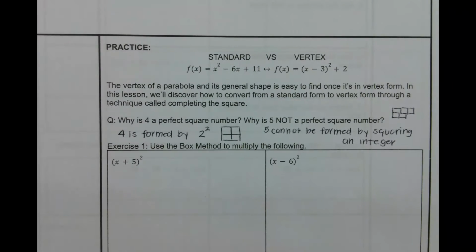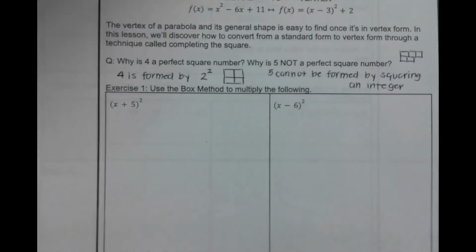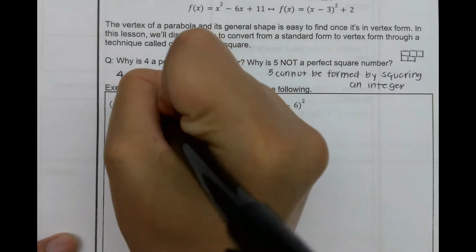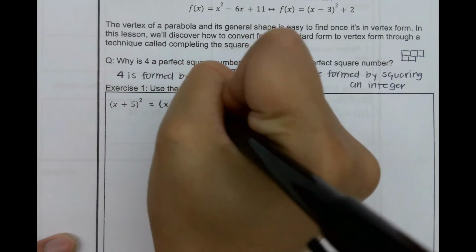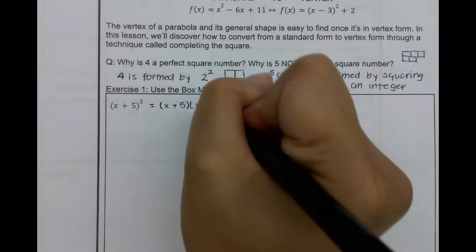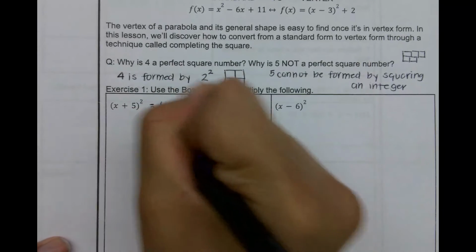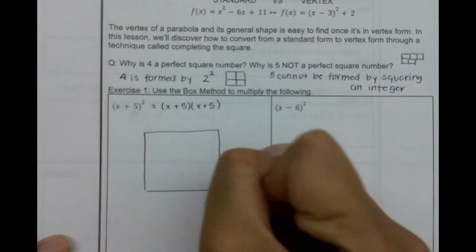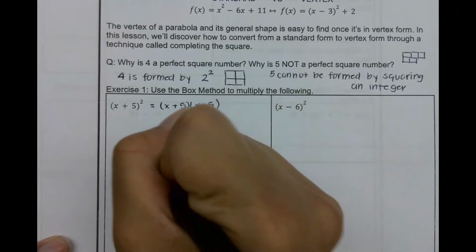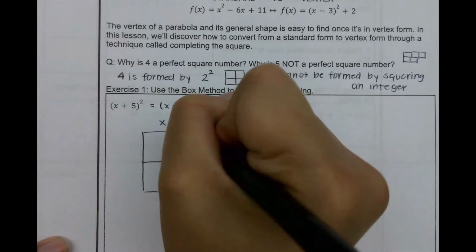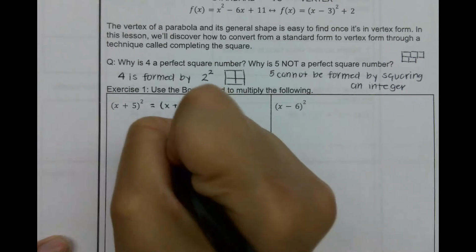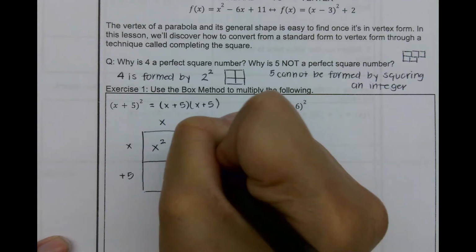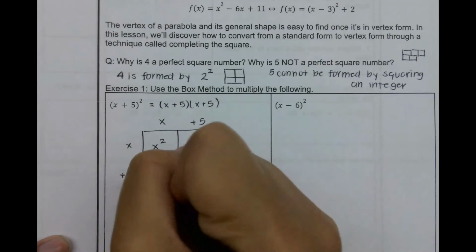So here we're going to practice. You're going to use the box method to multiply the following. Here we have x plus 5 squared. Remember, that means x plus 5 times x plus 5. If we use the box method to help us multiply, we have x plus 5 here, x plus 5. x times x is x squared. 5 times x is 5x. 5 times x is 5x.